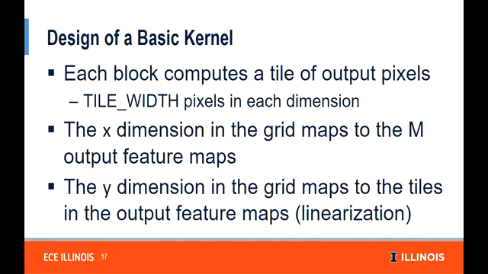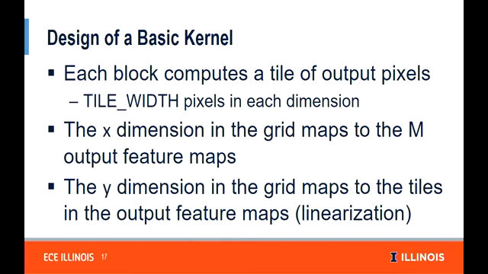The highest dimension, z, will be processing the inputs in the batch. And then for each input, the y dimension will process all the output tiles of a single output feature map. And then the x dimension will be mapped to process multiple output feature maps, right? You can actually switch some of these around, and you'll have different performance, okay?